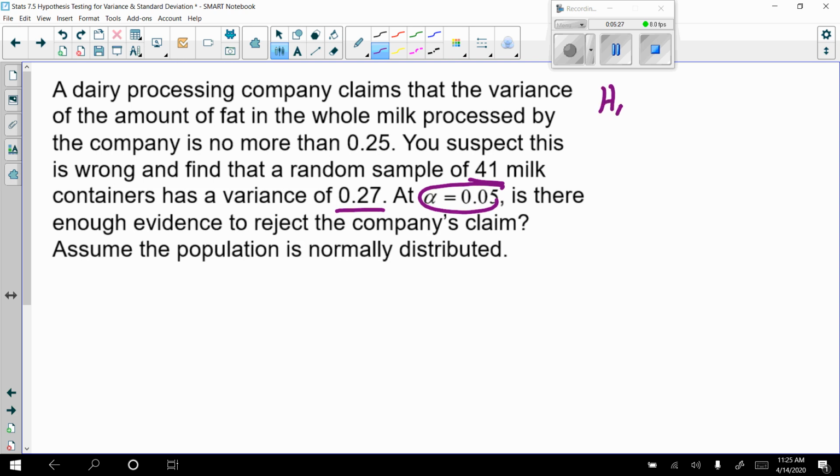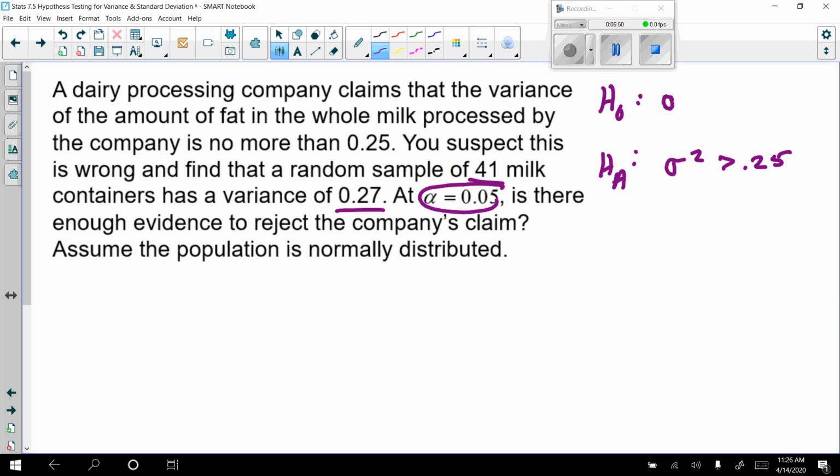So our null hypothesis and alternate hypothesis would look like this. They're saying that theirs is no more than 0.25. That means that the variance is greater than 0.25 in the alternate hypothesis.